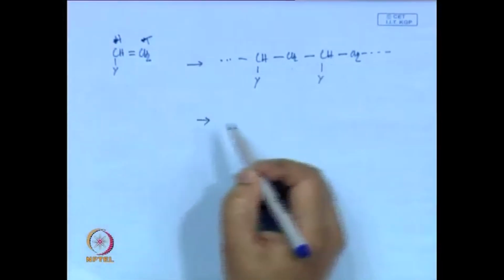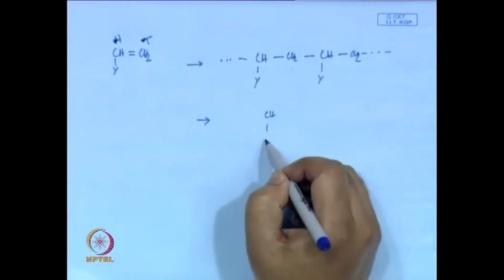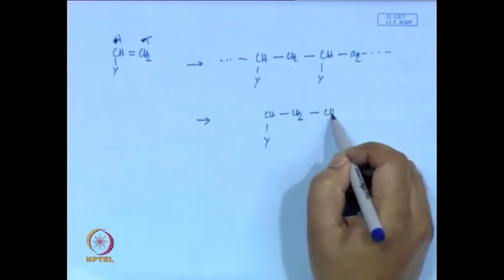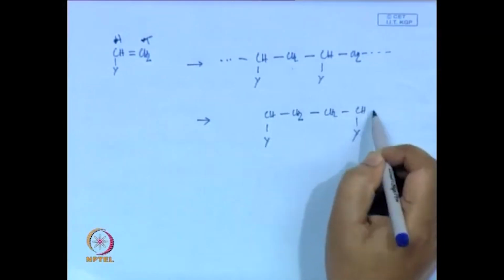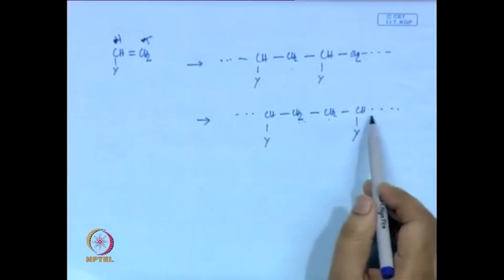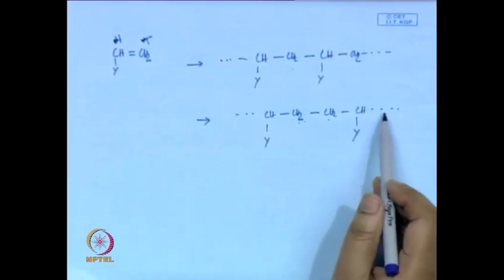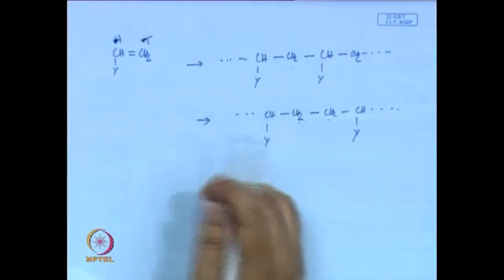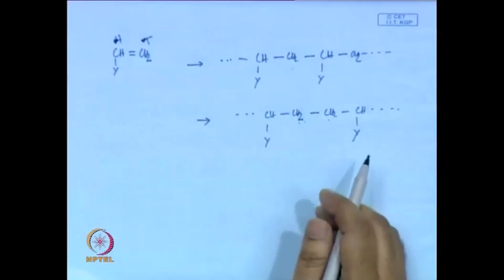Now, these polymers can also be imagined like this, where head and head are linked, and then the tail and tail will be linked to the next monomer. So, that is a head-to-head polymer.